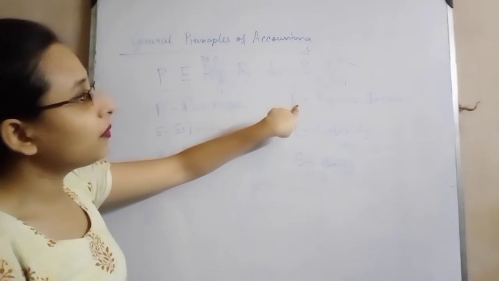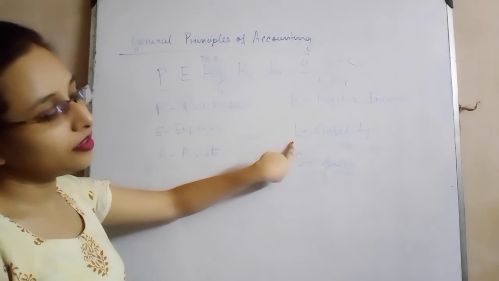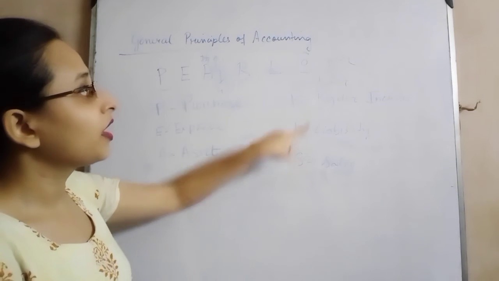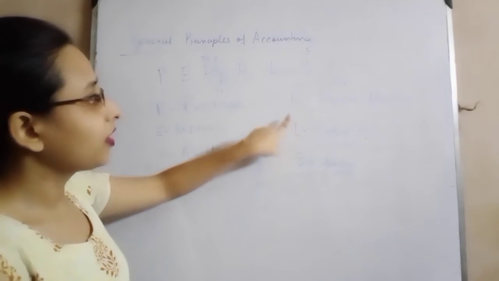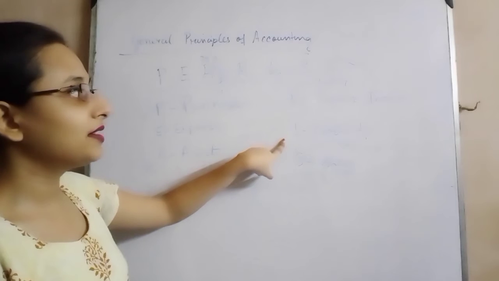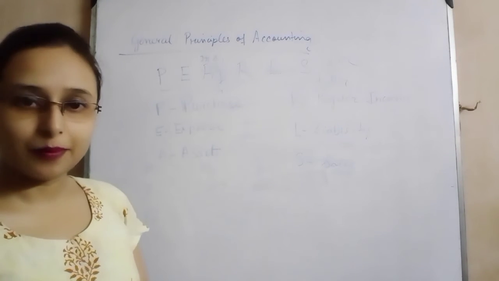So regular income increases, it will be credit. Liability increases, credit. Sales increases, credit. If regular income decreases, it will be debit. Liability decreases, debit. Sales decreases, debit.